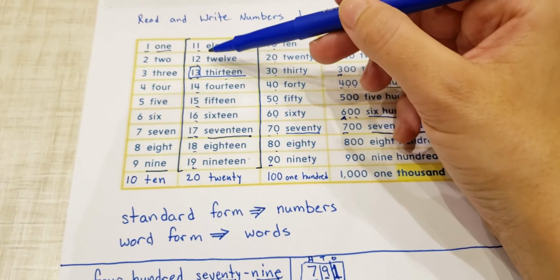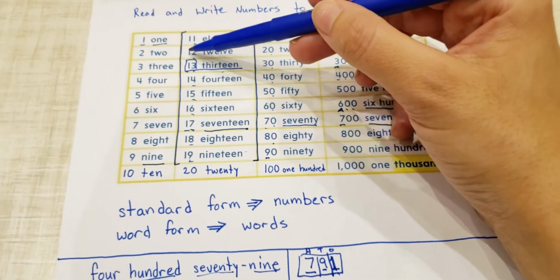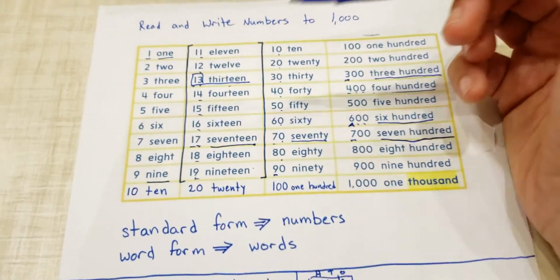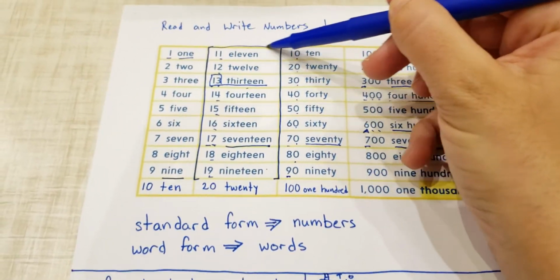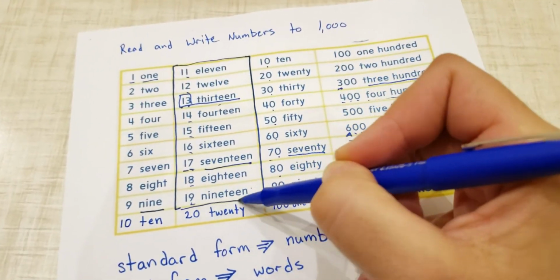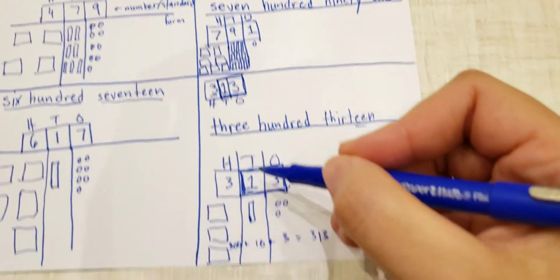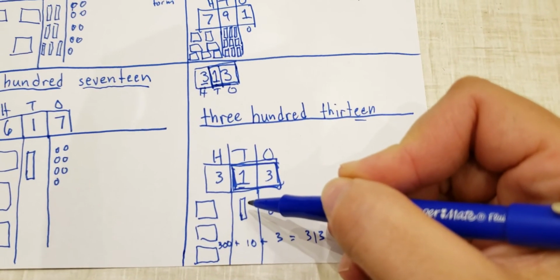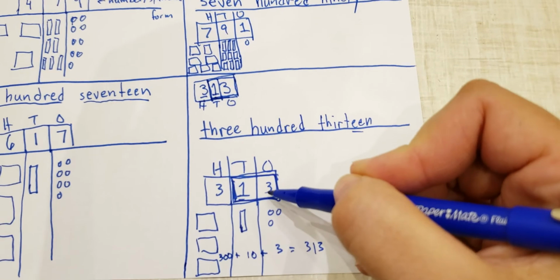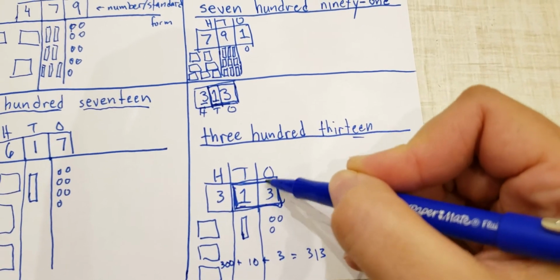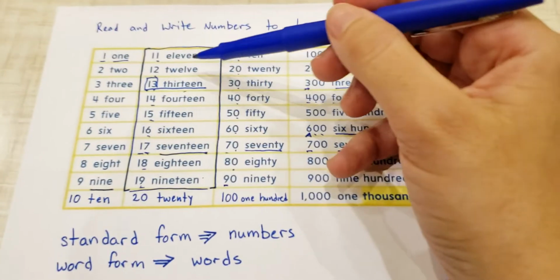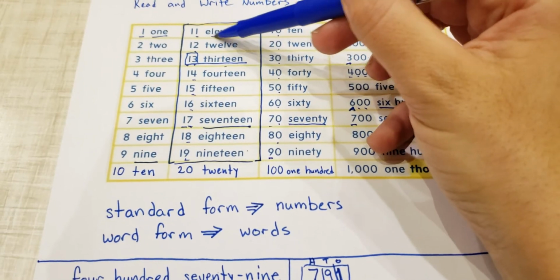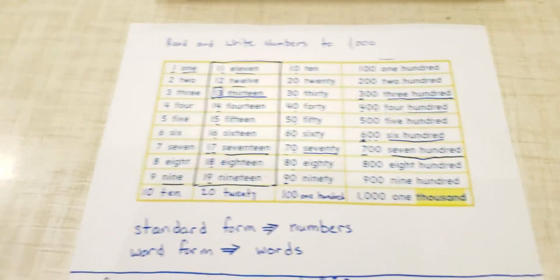We don't say 10 and 1, 10 and 2, 10 and 3, 10 and 4. We don't say that. They have a special name, okay? So again, anytime that we have a 1 in the tens place value and a number greater than 0, less than 9 in the ones place, then we have to write the word form just like these, okay?